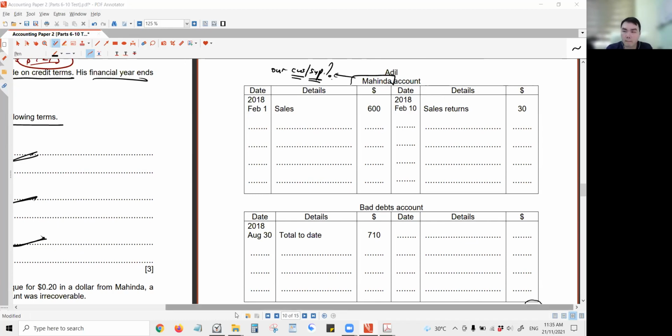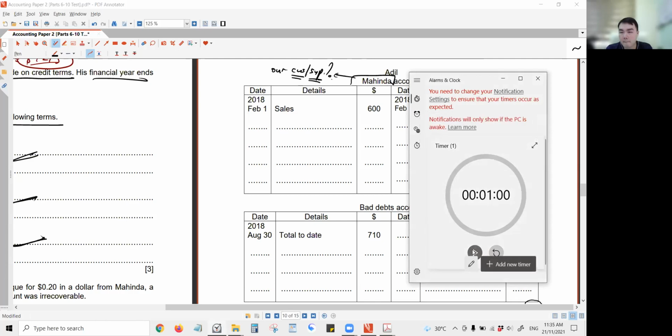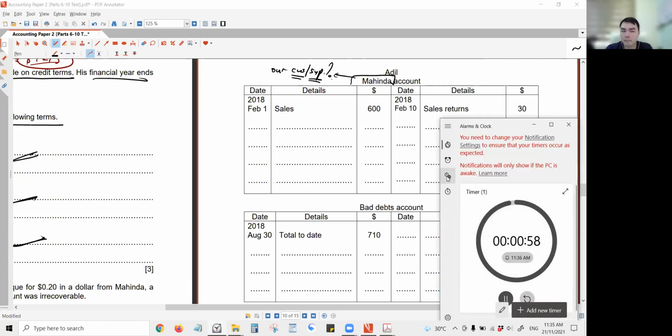I give you 1 minute. Let me repeat. The question is, Mahinda is our customer or supplier. I wait for one more answer. Good. Everyone is correct.